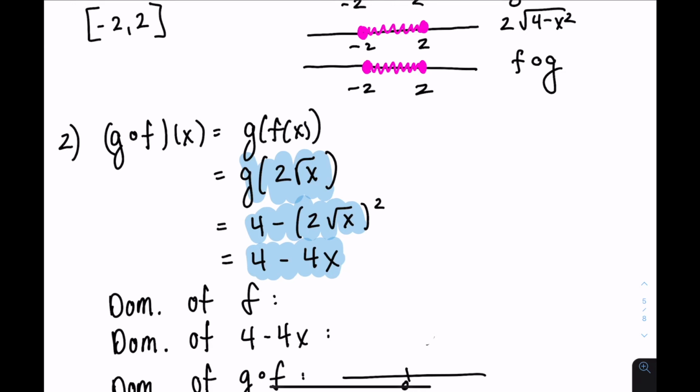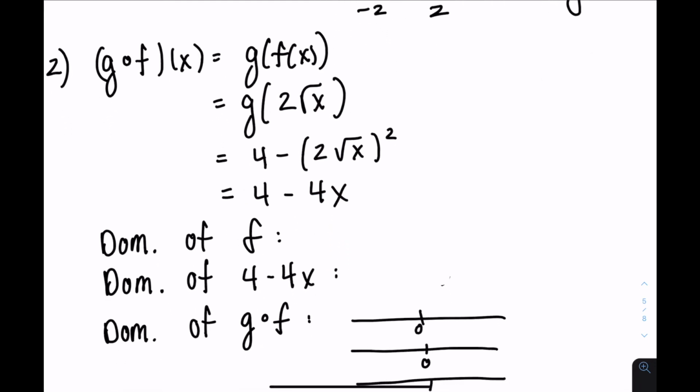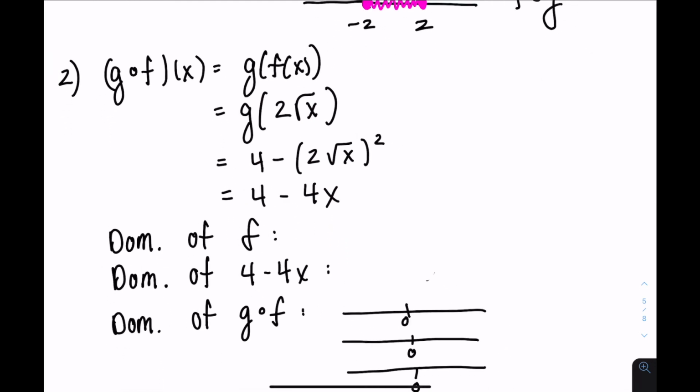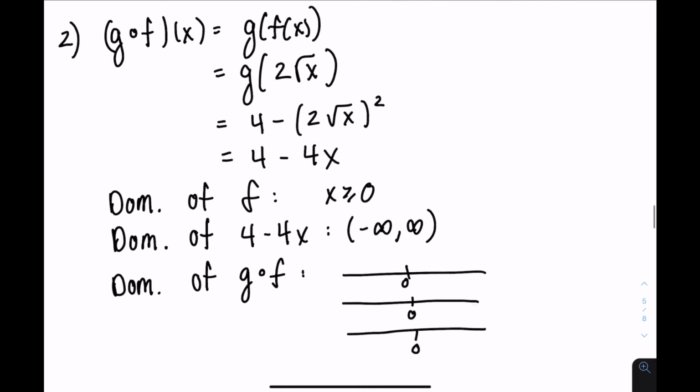So I need to make sure I'm excluding those values. So we start with the domain of that inside function. So if we look at the domain of f, we need x to be greater than or equal to 0. Now we look at the domain of the end expression we got, which was 4 minus 4x. There you have absolutely no problems.